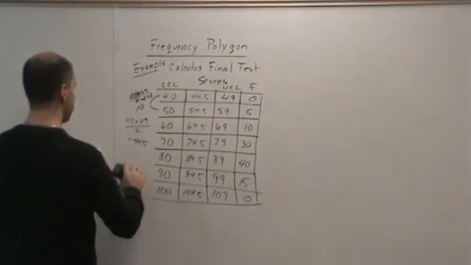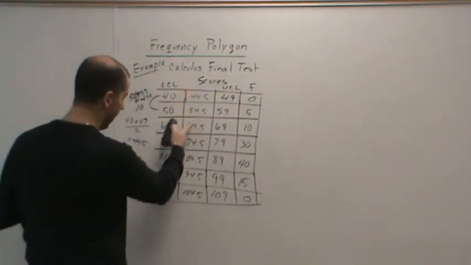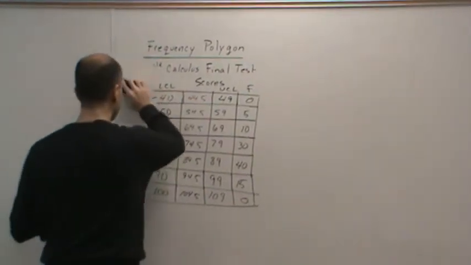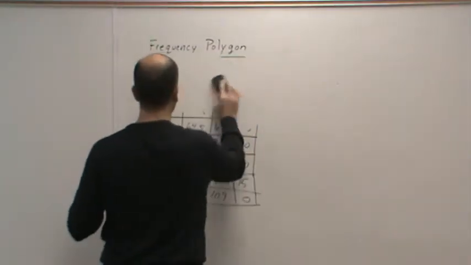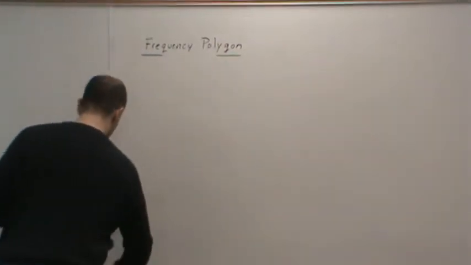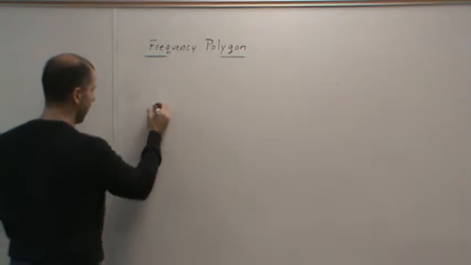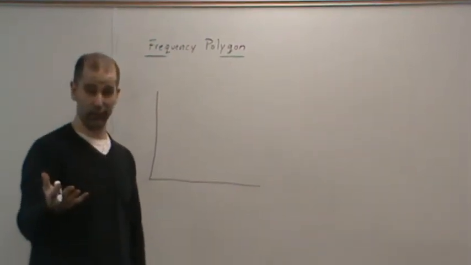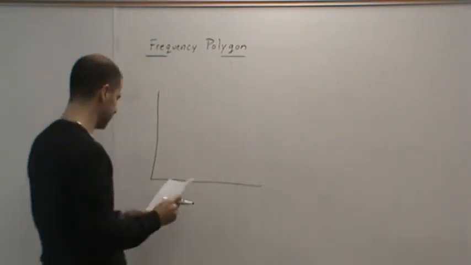Okay, so now, what am I going to do? The heights of each one of these is going to be at the midpoints. And the vertical axis, the y-axis, is going to be the frequencies. Again, you could do the same thing for relative frequencies. I'm just going to do it for frequencies.